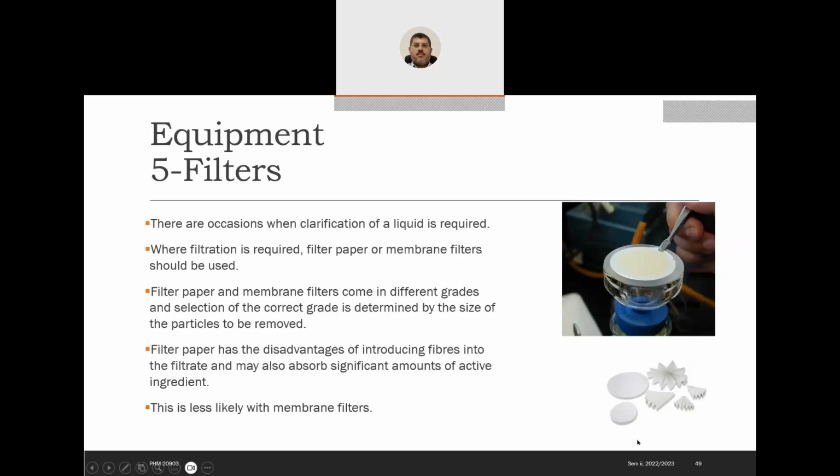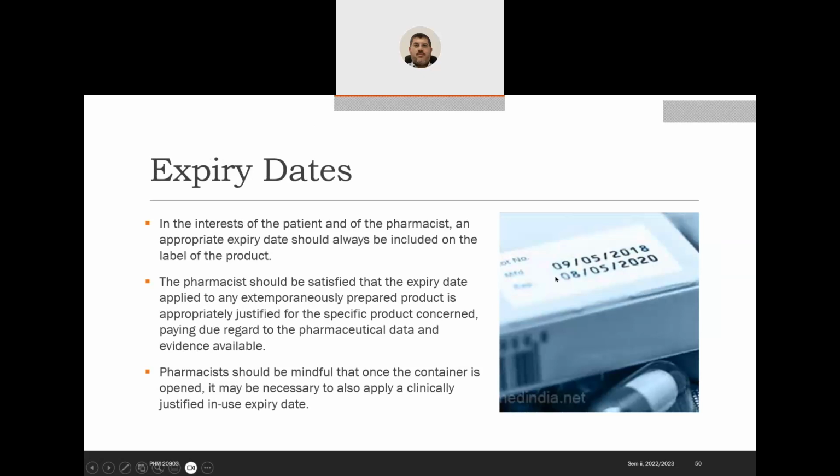So you better use a large pore size for rapid filtration, unless the pore size is larger than the particle size. And usually membrane filters are much better when it comes to no fibrous materials being introduced. They don't absorb too much of the active material.